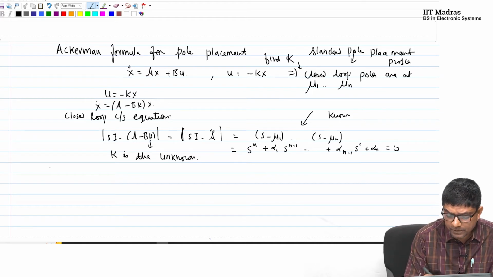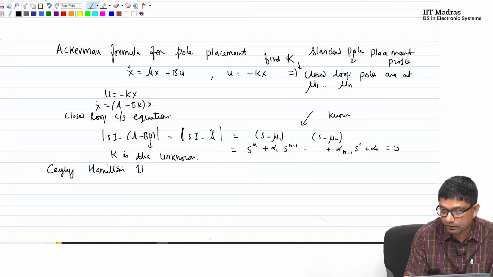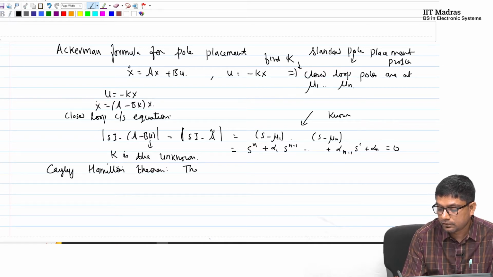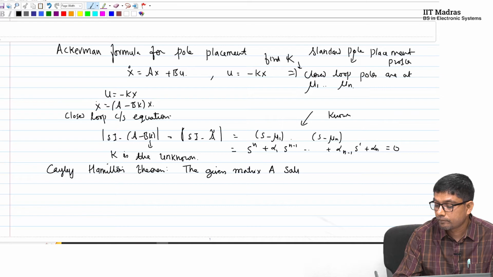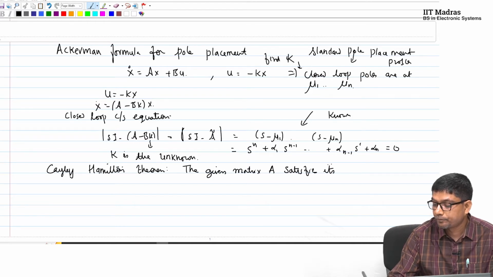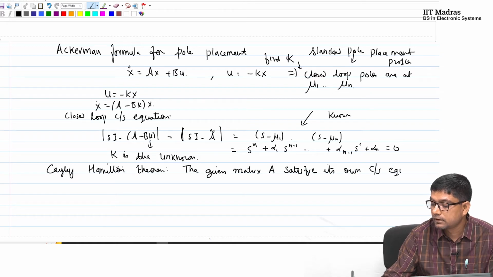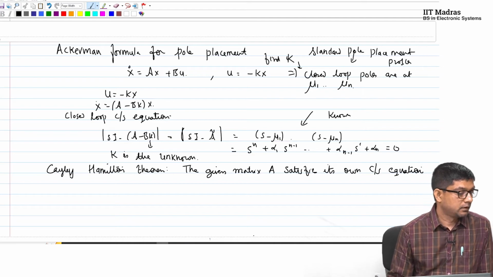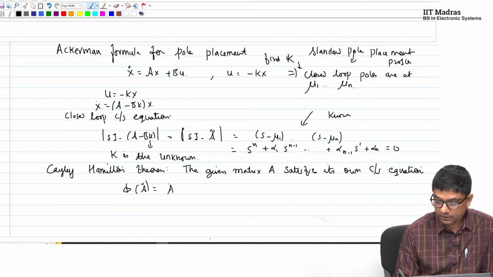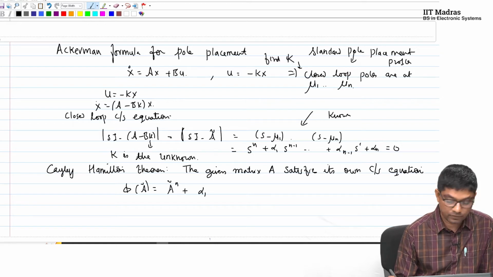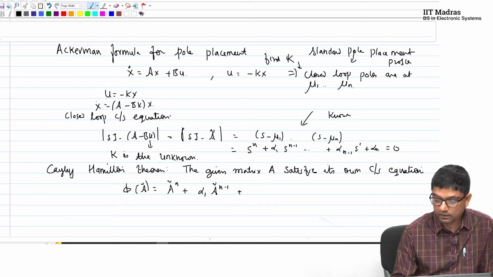So I will briefly mention what is called the Cayley-Hamilton theorem, which says that a given matrix A satisfies its own characteristic equation, which means that phi of A tilde is A tilde to the power n plus alpha 1 A tilde to the n minus 1 all the way till alpha n times I equal to 0.